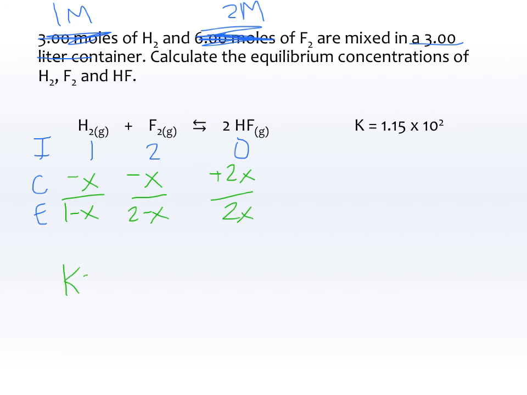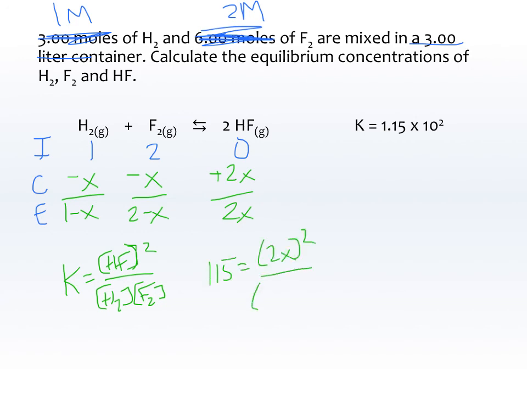K equals HF squared over H2 times F2. And let's plug that in. 1.15 times 10 to the 2 is the same thing as 115 equals 2x squared over 1 minus x times 2 minus x.